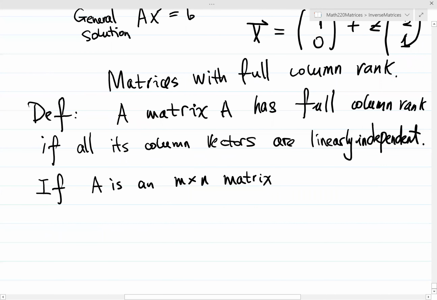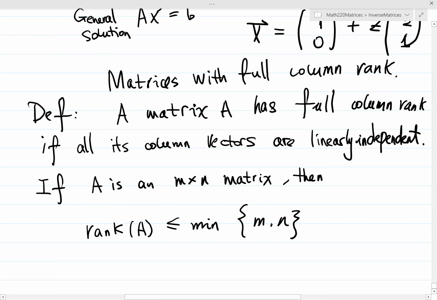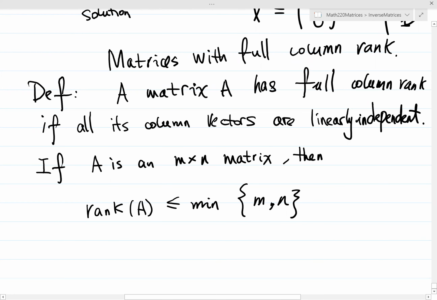So the rank of A is bounded by the number of columns and by the number of rows. So the rank of A is less than or equal to the minimum of M and N.